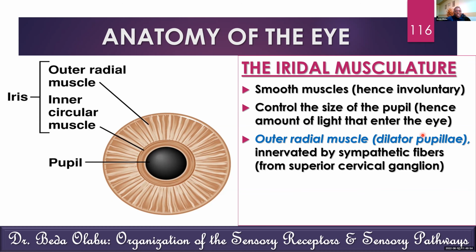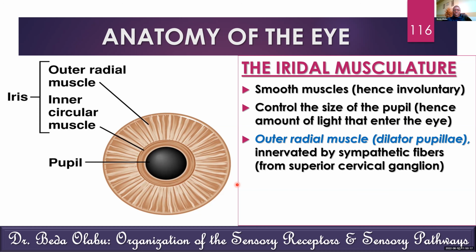Pupillary dilatation is a function of the sympathetic nervous system. And so this muscle is innervated by the sympathetic nerves. Remember from autonomic physiology that sympathetic nerves usually come from thoracic and lumbar segments.